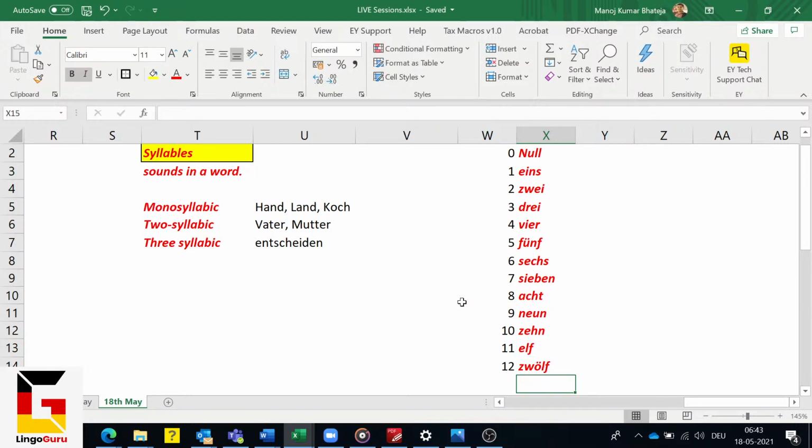12. Now you do not need me to write the pronunciation of these ones. You can definitely guess it. It is null, eins, zwei, drei, vier, fünf, sechs, sieben, acht, neun, zehn, elf, zwölf. Right?